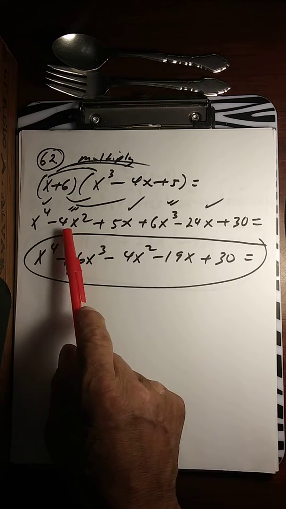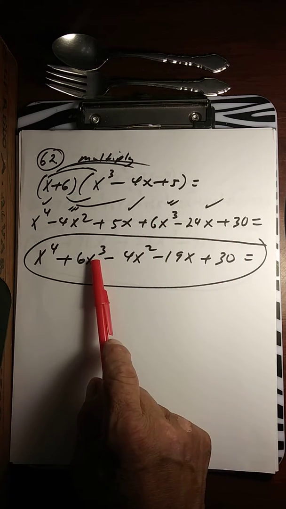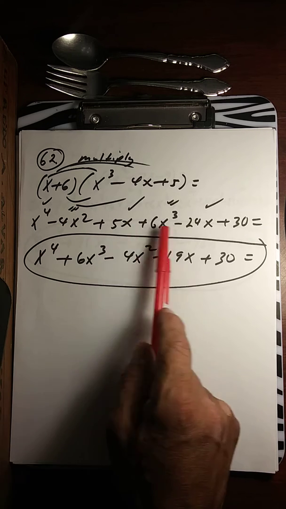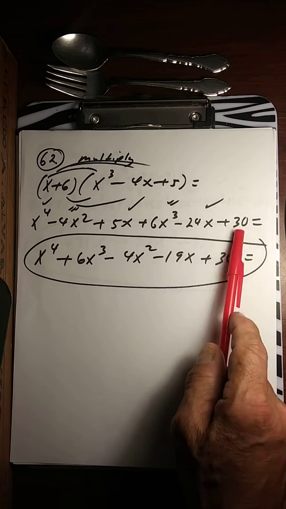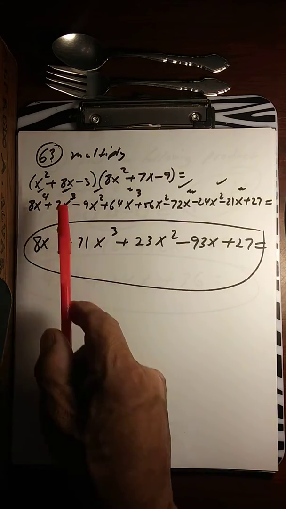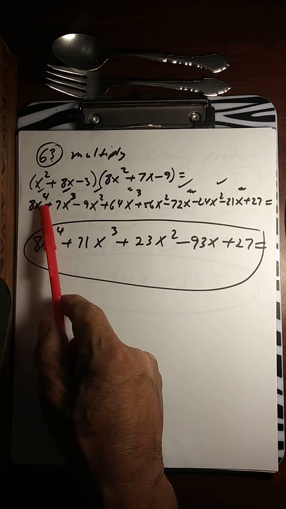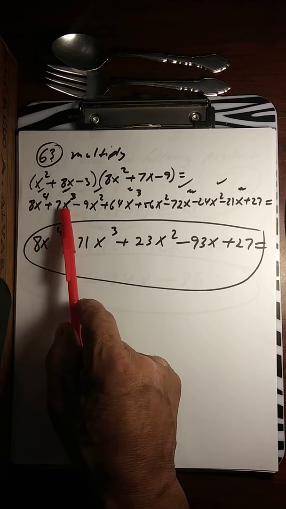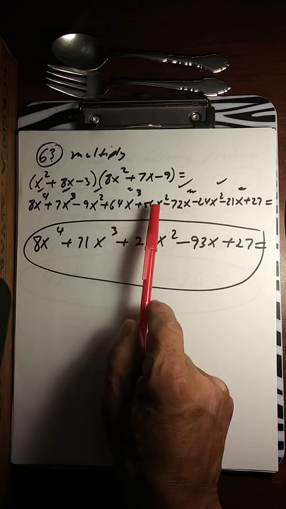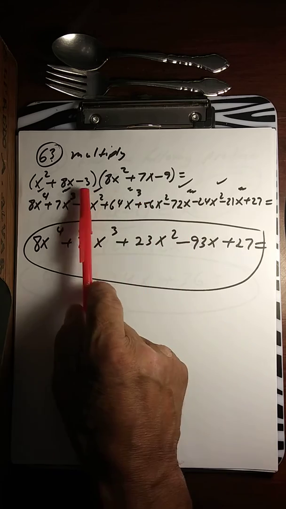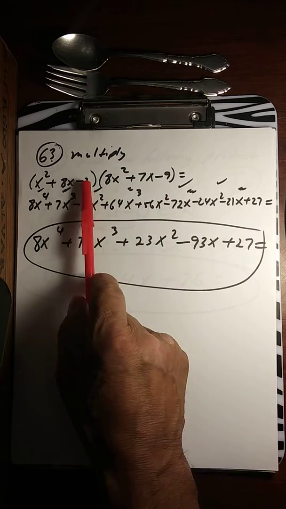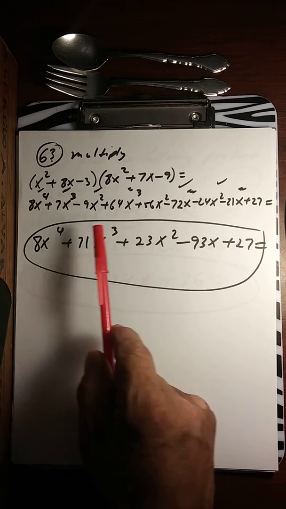So x to the 4th. And cubes, 6x cubed, and then squares, negative 4x squared, and then 5 minus 24 is negative 19x, and then 30. Long one. That times that is 8x to the 4th, that times that is that one, cubed, that times that is this one, that times that one is this one, that times that one is that one, last one, that times that is 24, that one times that one is 21, and that times that is 27.